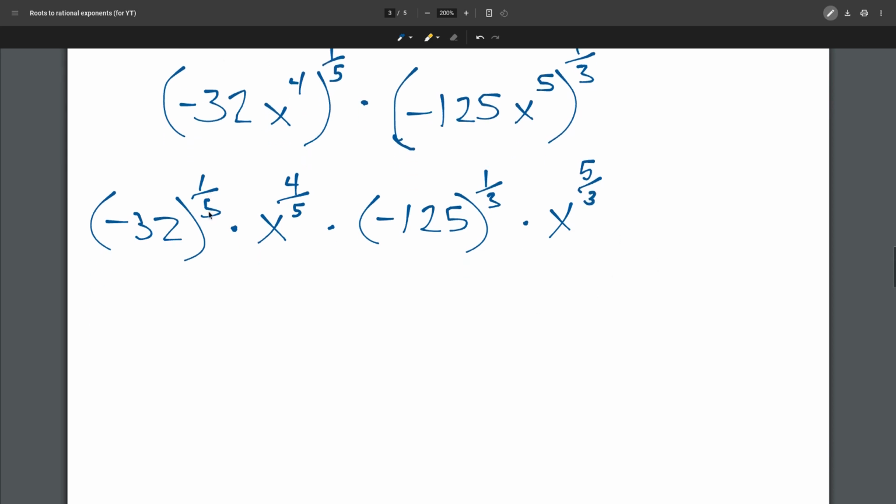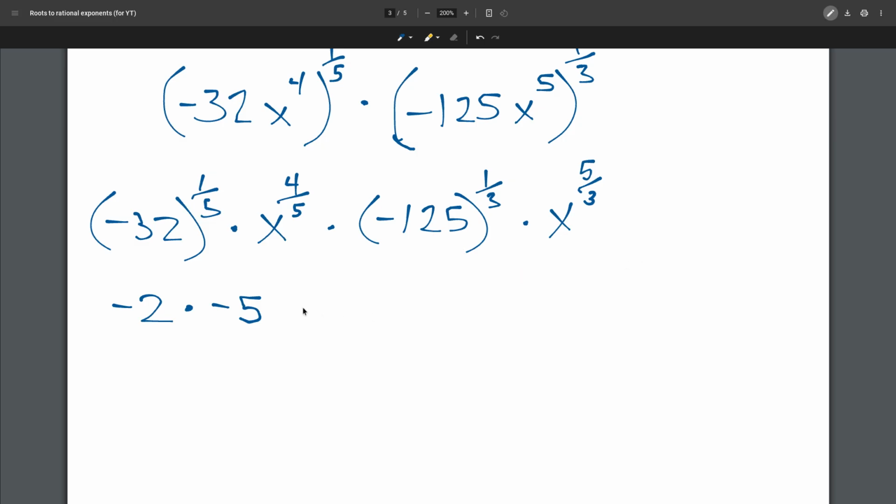Okay, so negative 32 to the 1/5 power is negative 2, because if you multiply 5 negative 2's together, you're going to get negative 32. And then I'm going to group the numbers together. So negative 125 to the 1/3 power is negative 5, because if you multiply 3 negative 5's together, you're going to get negative 125.